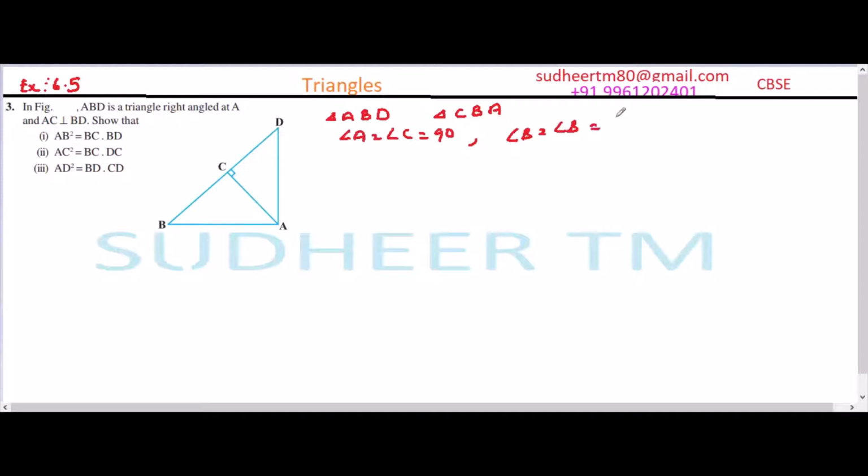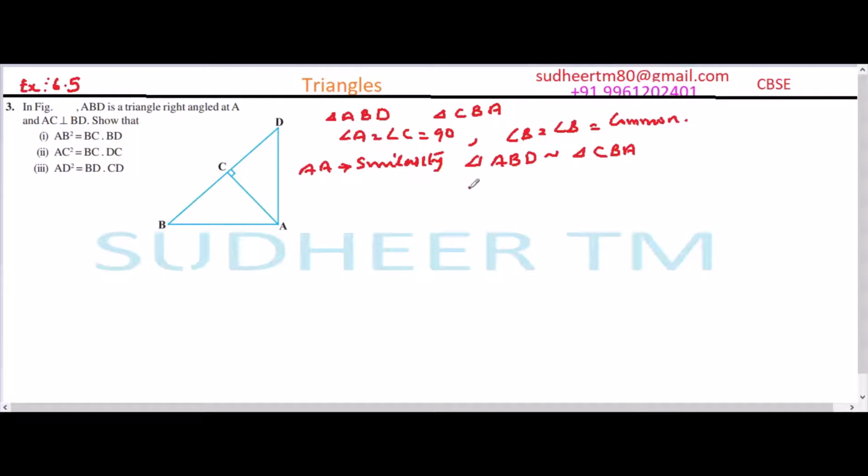So by AA similarity, triangle ABD is similar to triangle CBA. Let this be equation number 1.